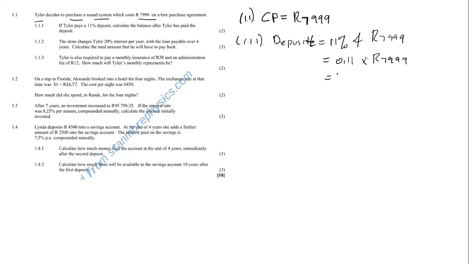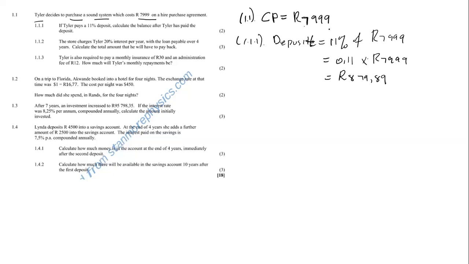And therefore, when you punch this on your calculator, you're going to say 0.11 multiplied by 7,999. And therefore, you get 879.89 cents.